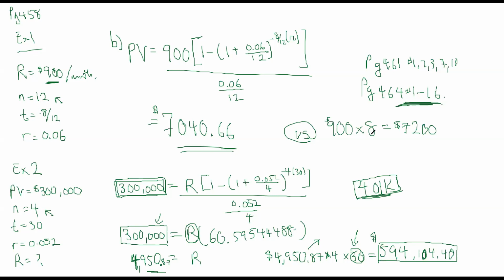Please, by all means, send me an email or ask me a question on how to use this formula and better understand the context of questions. As I said from the very beginning of this chapter, compound interest, financial math, even if you don't understand anything or you forget everything from math class, this is something that essentially everyone is going to have to do if they want to be financially responsible for their future, right?